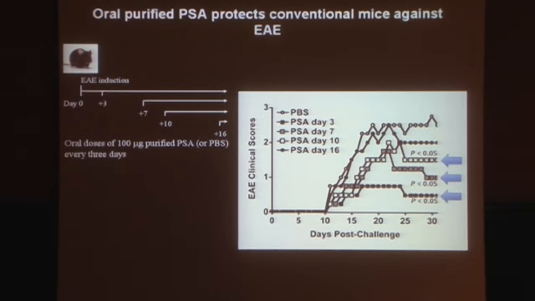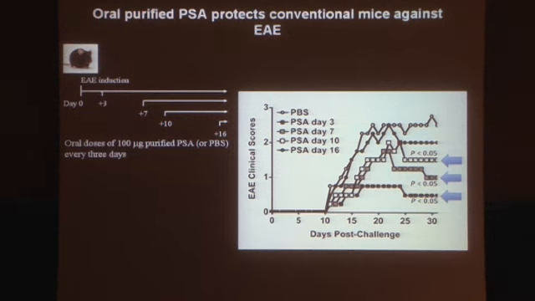Interestingly, what we did was we started PSA at several different points in time after the initiation of the disease. So again, to initiate the disease, you give the myelin basic protein on 0 and 6 days. So we started PSA on either day 3, 7, 10, or 16.